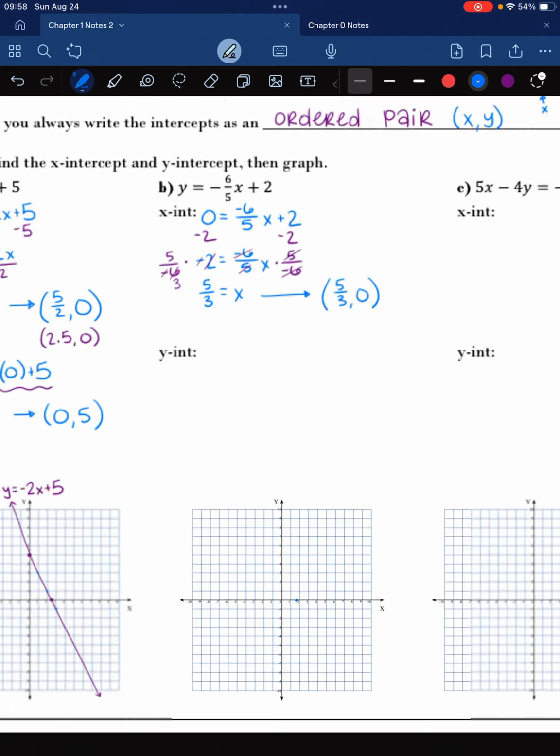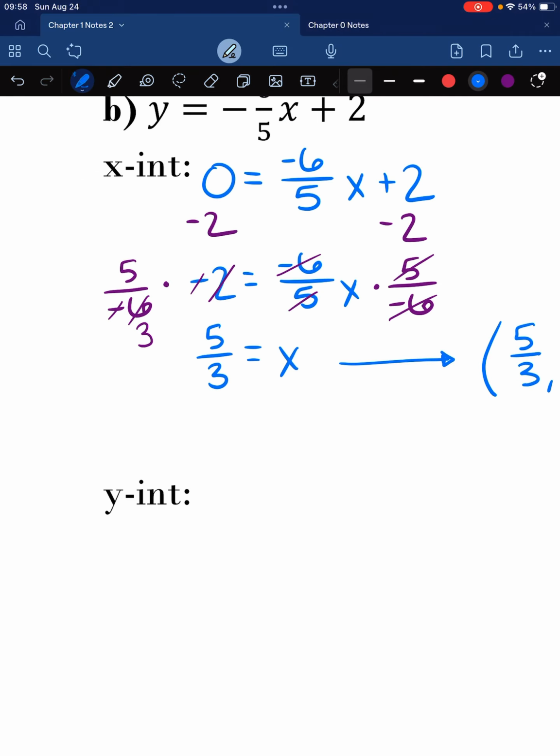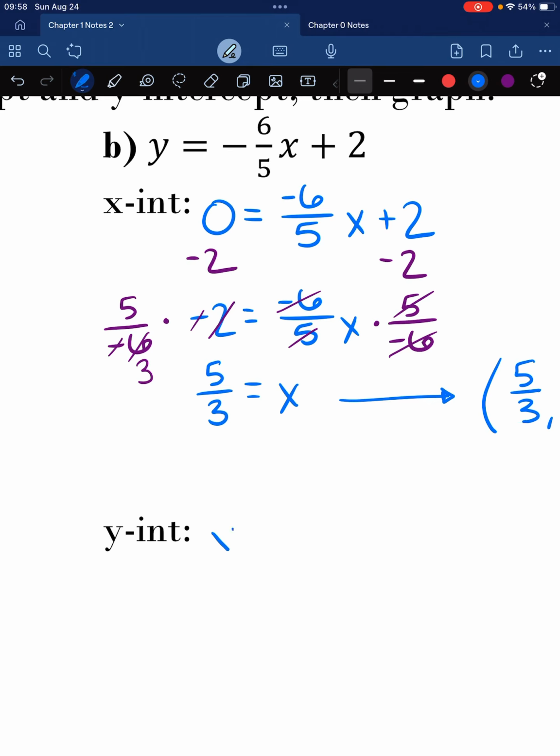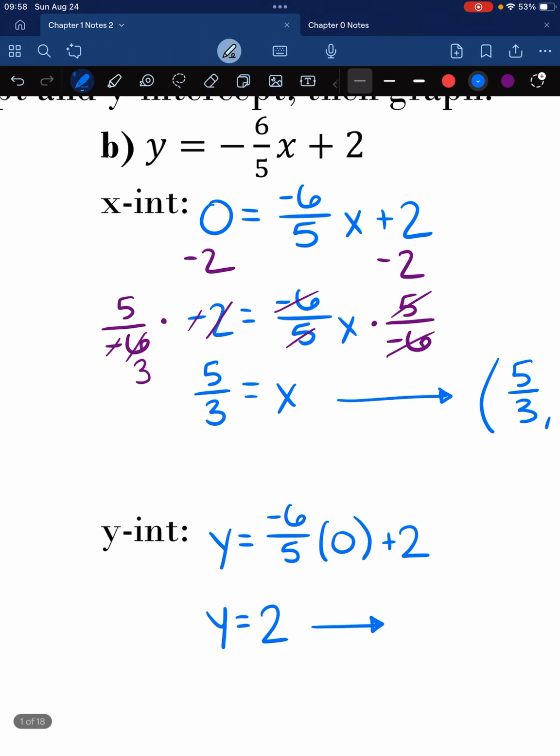Okay, y-intercept. I'm going to set the x value equal to 0. Or if we remember how to read slope-intercept form, we can easily identify the y-intercept that way.